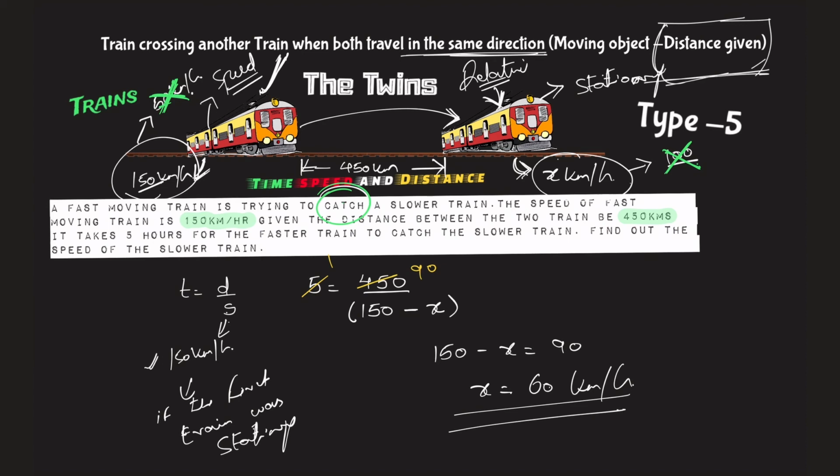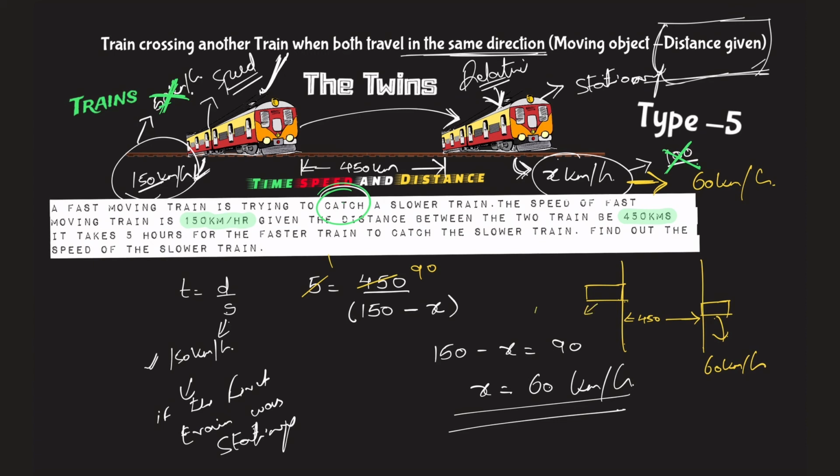So now you can say the speed of this train is 60 kilometers per hour, which means what will happen in 1 hour? Now imagine a case. This speed is 150. The distance between them is 450 kilometers, and the second train is here. The speed of this is nothing but 60 kilometers per hour. Now imagine what will happen in 1 hour.